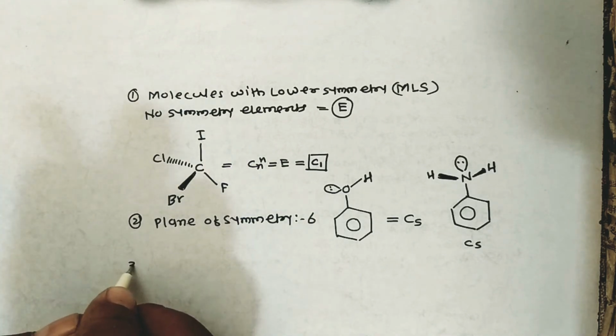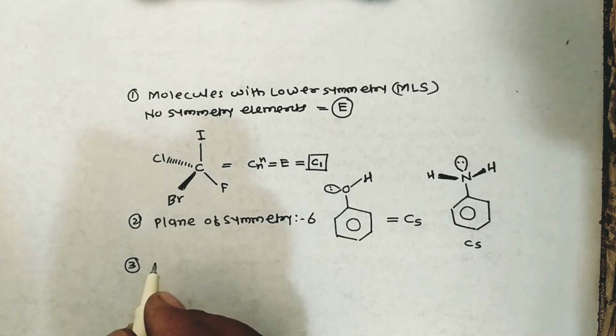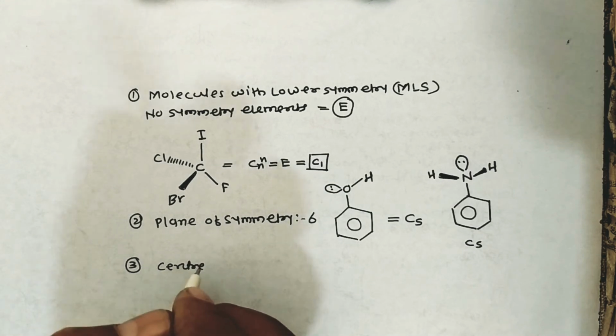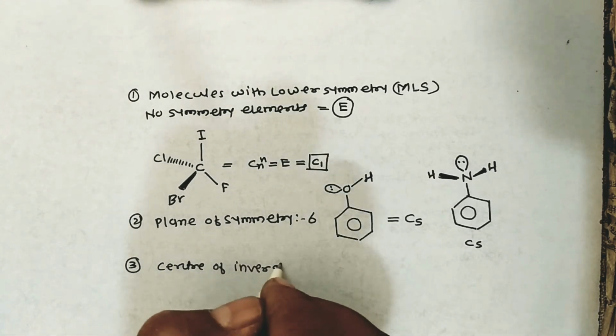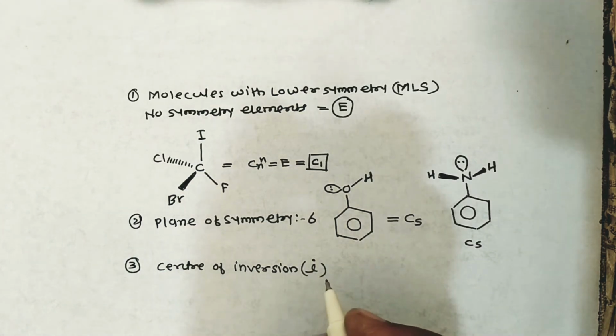Then the third type of point group is molecules with center of inversion only, that is i.